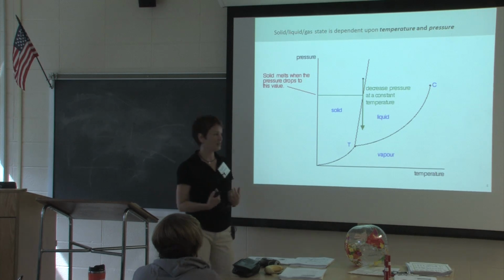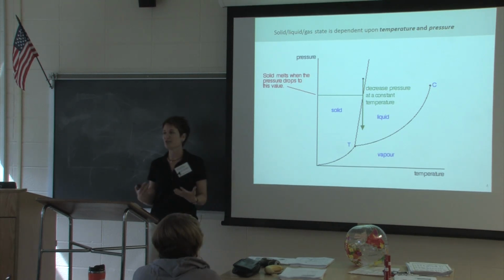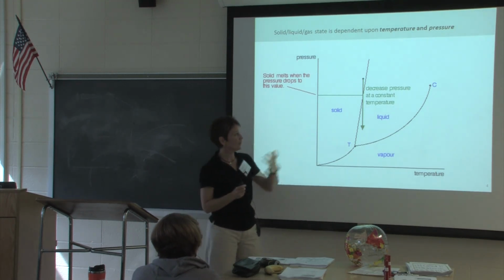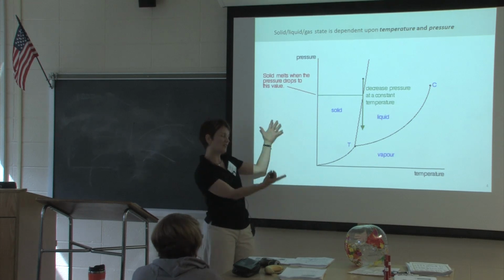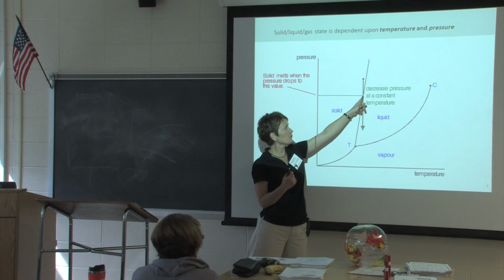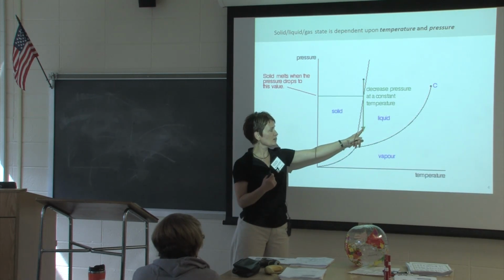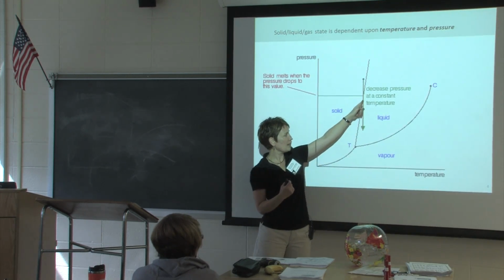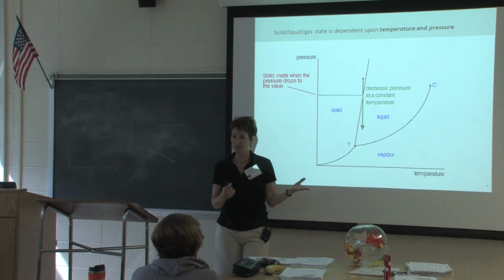Most of my students that come to me are non-science majors, and so they don't really have an appreciation for the fact that you can change not only temperature but pressure to affect the phase. This is a phase diagram for water, but we could take solid Earth in the same way, decrease just the pressure, do nothing to the temperature, and we would move from a solid phase to a liquid phase, right?